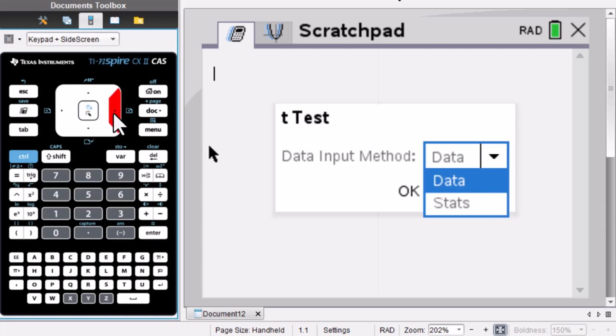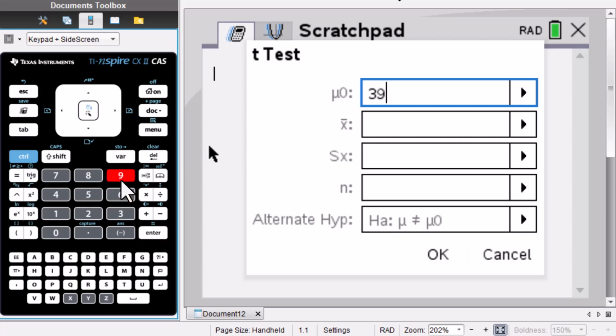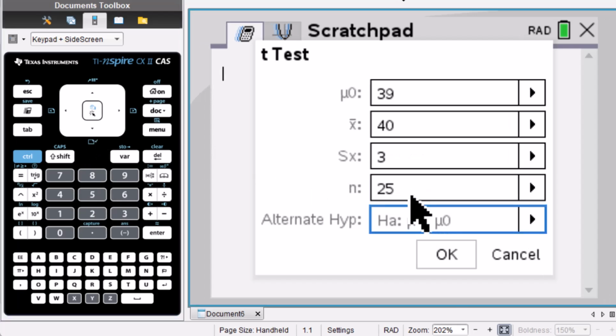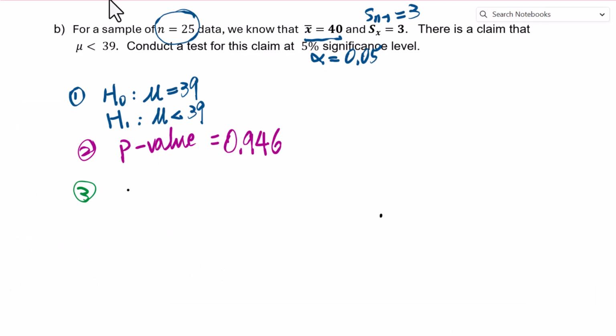We are given stats. 39 for mu 0, x bar 40, s sub n minus 1, 3, n equals 25. H1, mu less than 39. Then enter. We got p-value 0.946.